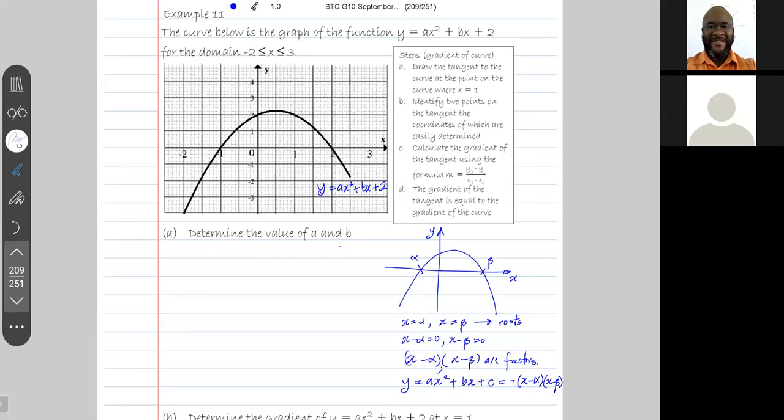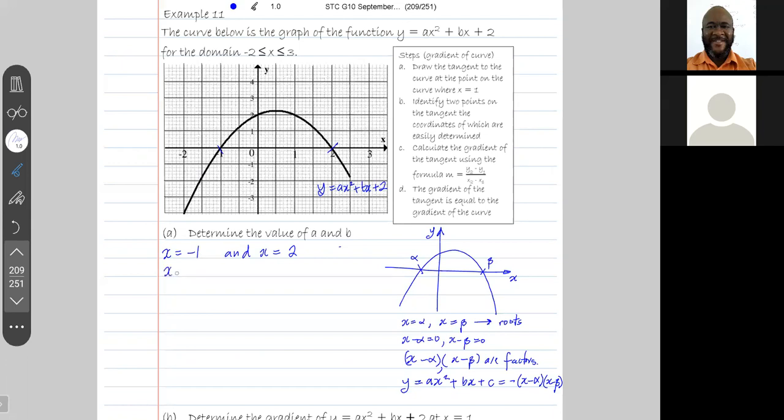Now, it is possible to determine the equation of the curve from the roots. So here we have a root and here we have a root. So the roots here are x is equal to minus 1 and x is equal to positive 2. From the roots, we can determine the factors. Negative 1 on the right goes over to the left and becomes positive.